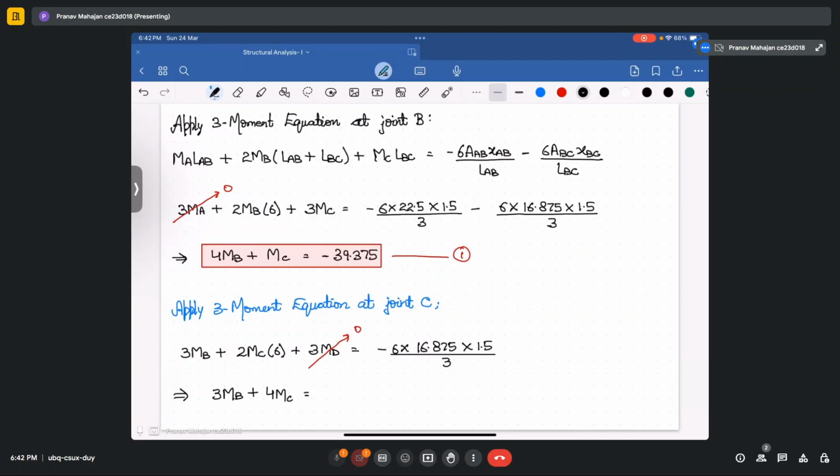If we take 3, it was 16.875. So it means 3MB will not be there, only MB will be there. MB plus 4MC will be equal to minus 16.875. So this is your second equation.